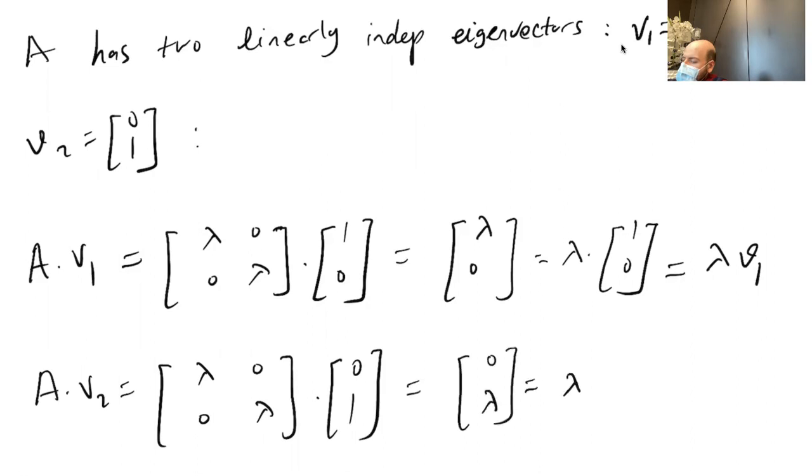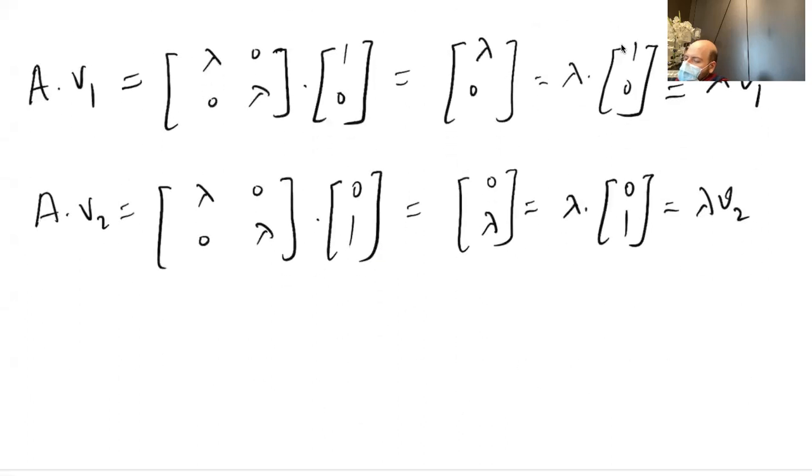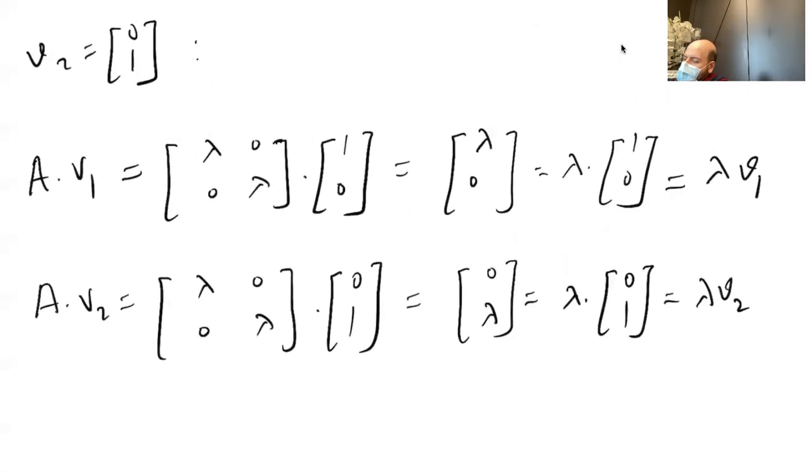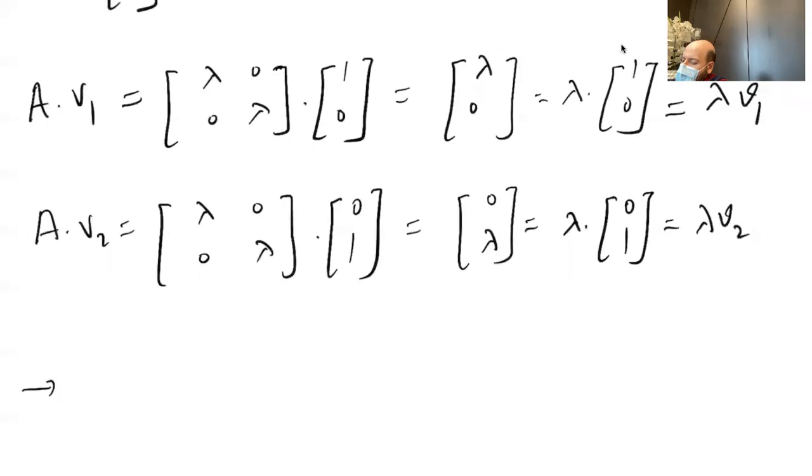Again, this can be written as lambda times (0, 1), and that's lambda V2. So that means V1 and V2 are eigenvectors with eigenvalue lambda.